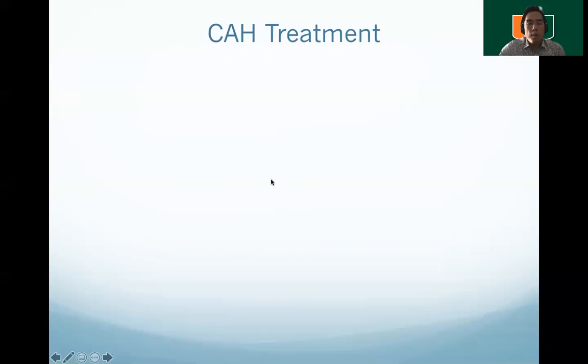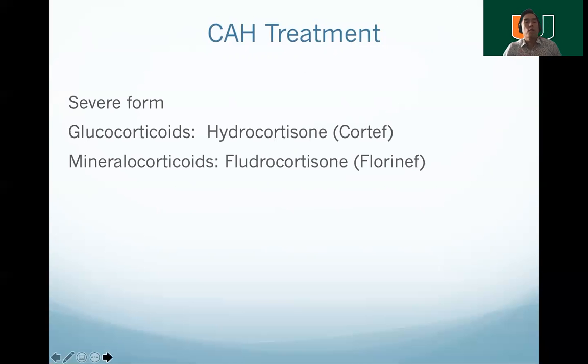So in terms of treatment, in a severe form, we have to replace the deficiency. So we give them both hydrocortisone and a mineralocorticoid, which is fludrocortisone, Florinef. So we give them both glucocorticoid and mineralocorticoid.